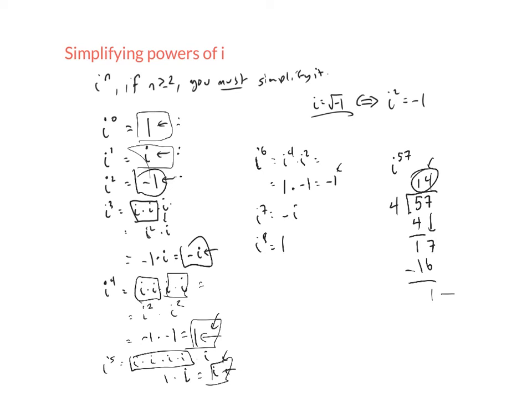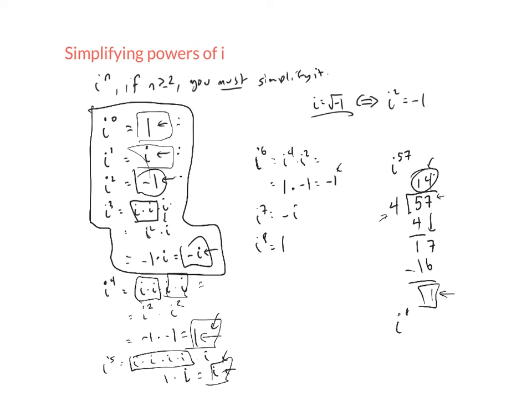What I'm really interested in is how many i's are left in the end. So I take my power, divide it by this pattern of 4, ignore the quotient because those are all going to give me a bunch of 1s multiplied by each other, and instead focus on how many i's I have left. That remainder becomes the power on the i, and then you can look at your initial pattern of 4 and see where it falls. So this would be i. So i to the 57th is i, because it's the same as i to the first.